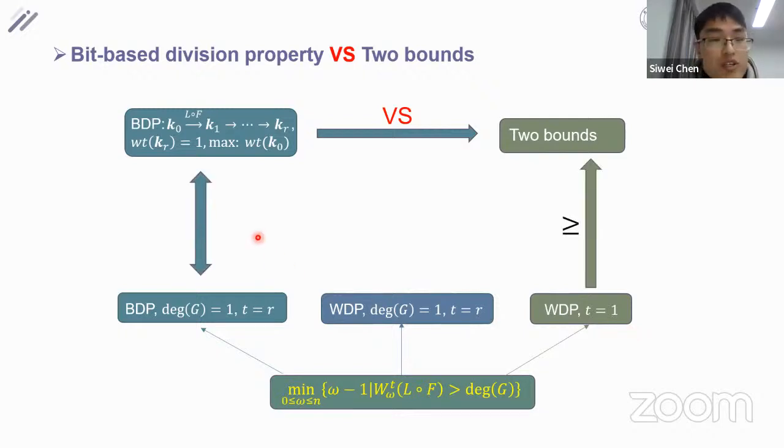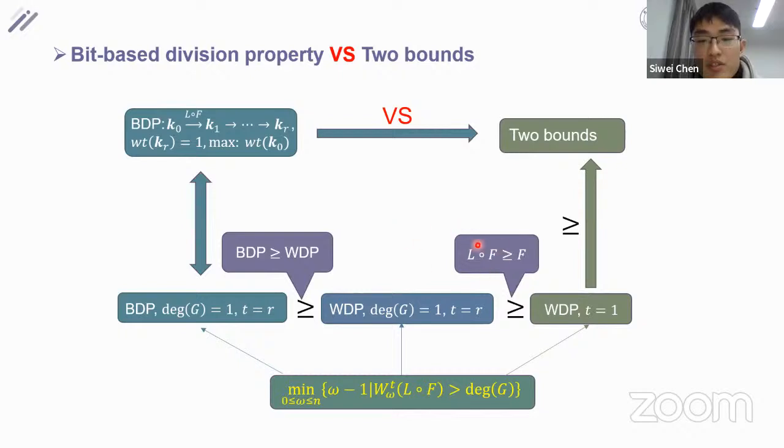So literally, the BDP method is equivalent to model 1, and from the previous analysis, we know model 3 is more accurate than the two bounds. Moreover, BDP is a more accurate division property type than WBDP, and model 2 considers the influence of the linear layer on the division property propagation.